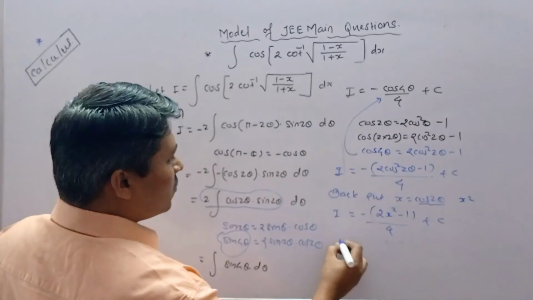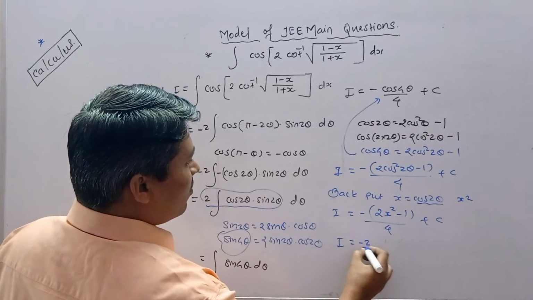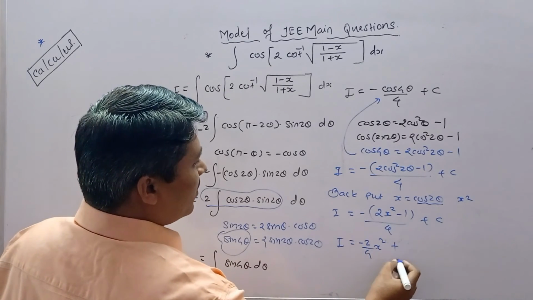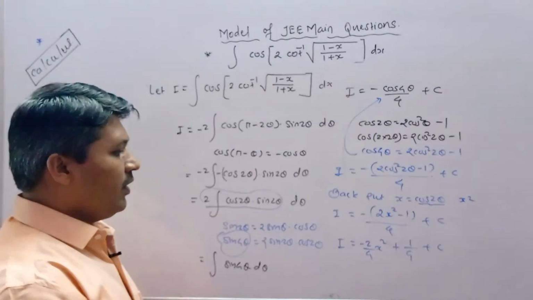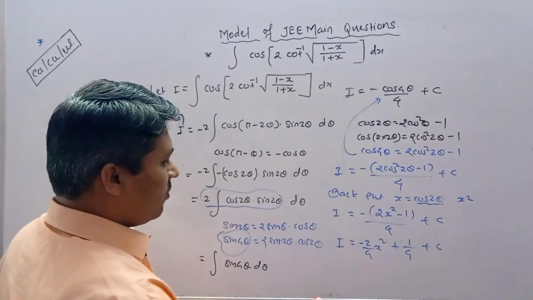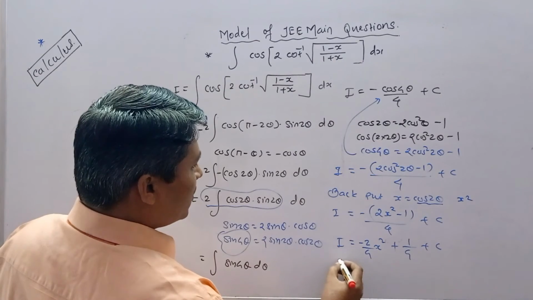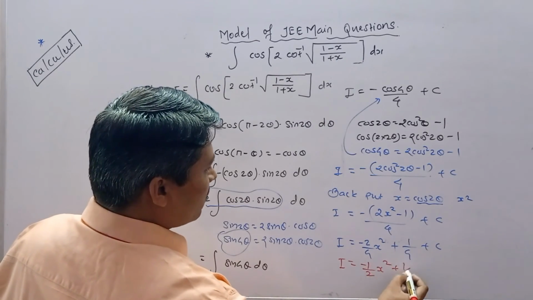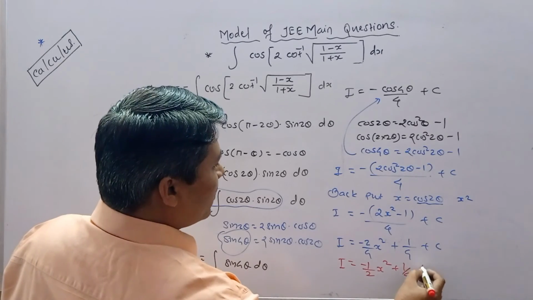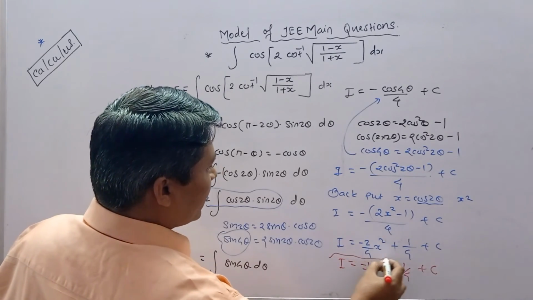Then the final solution: minus 2 by 4 x square plus 1 by 4 plus the constant of integration. So the final solution is I equal to minus 1 by 2 x square plus 1 by 4 plus the constant of integration.